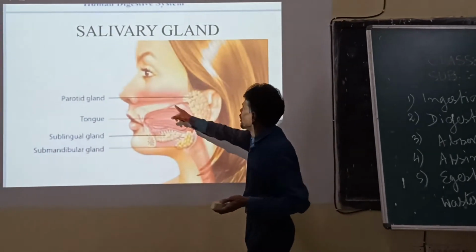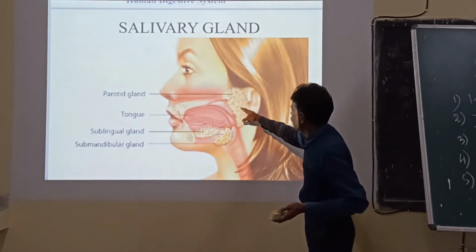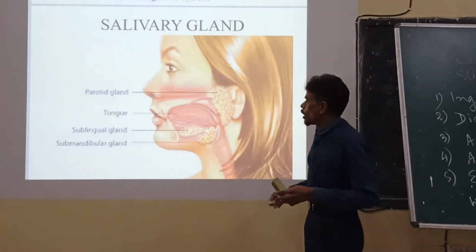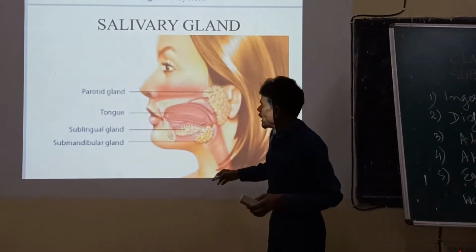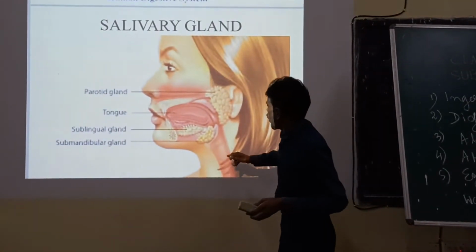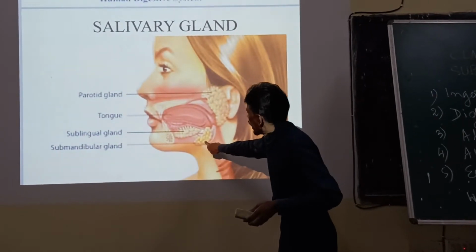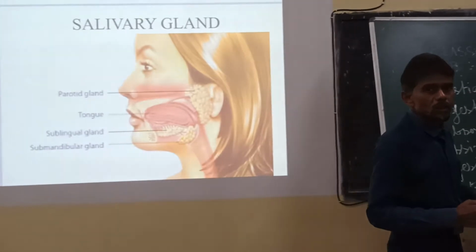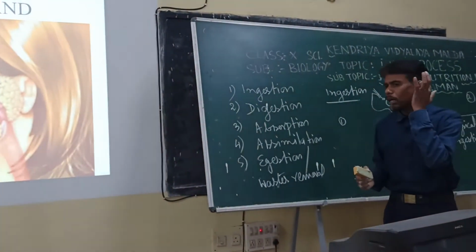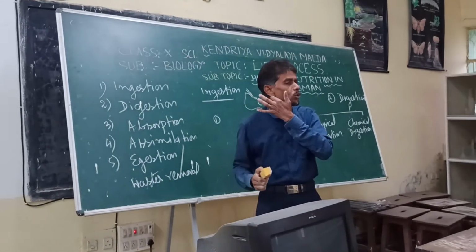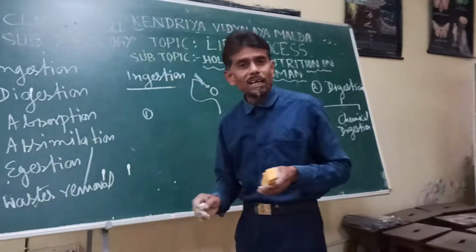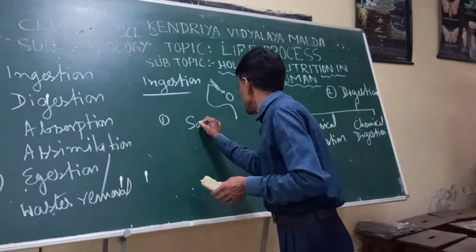In the clipping, you can see the parotid gland, then the submandibular or submaxillary gland, and the sublingual just beneath the tongue. So these 3 pairs, 1, 2, 3 this side, 1, 2, 3 this side, are called salivary glands. What is the gland? Salivary gland.